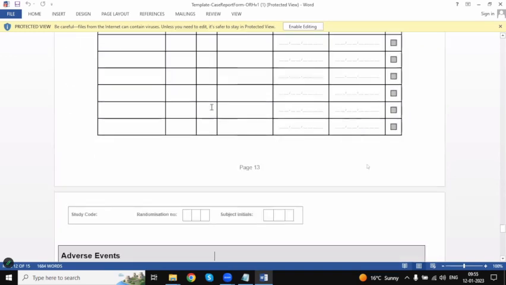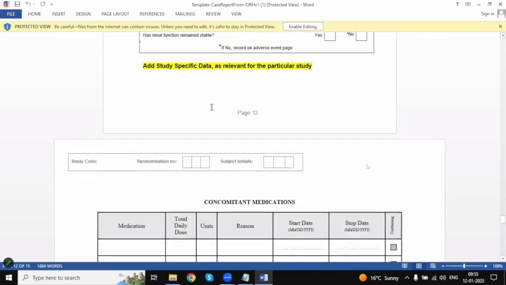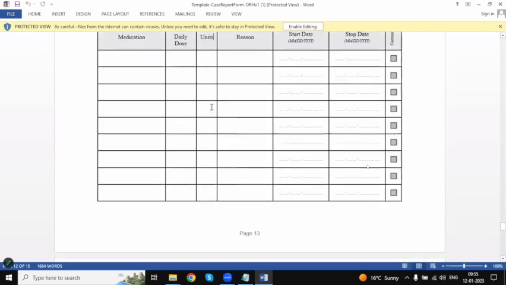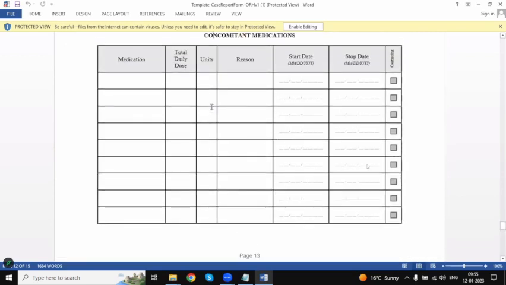Apart from this, you have separate pages. Concomitant medication. See, this is important. Concomitant medication is nothing but if the subject is taking any additional treatment, any additional medication apart from our study treatment.